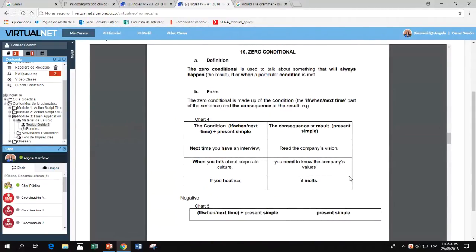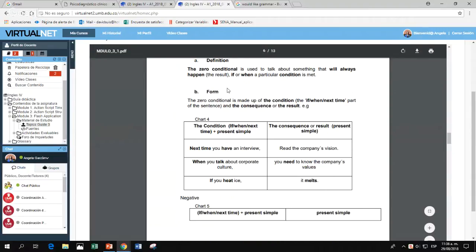When we use third conditional, recordemos que condicional se hace referencia a actividades a las que nosotros nos referimos para expresar hechos reales. For example, if I heat water, it boils, right? It's a condition. There is something that could not be changed.